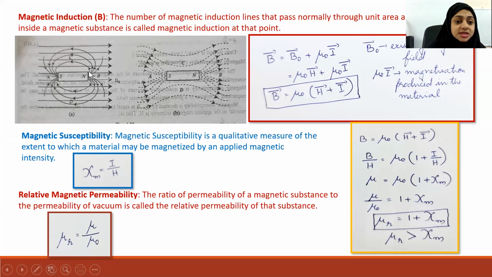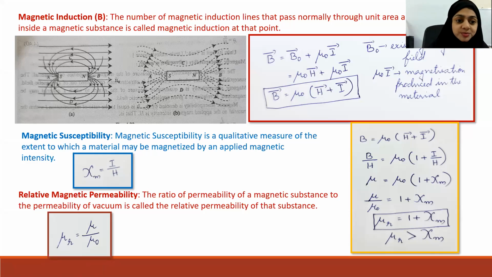It's in this direction. If this is the north pole, then it will be directed like this. So B naught represents the already existing magnetic field. Now we are placing a new magnetic substance in this field like we did here. Now we saw that if this is north pole, this end will be south pole and this end will be the north pole, right?